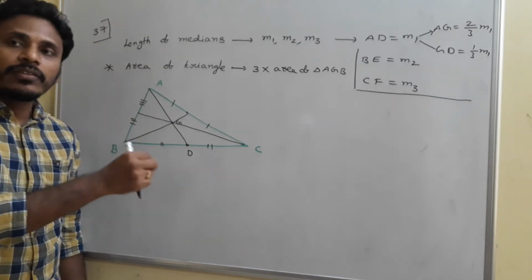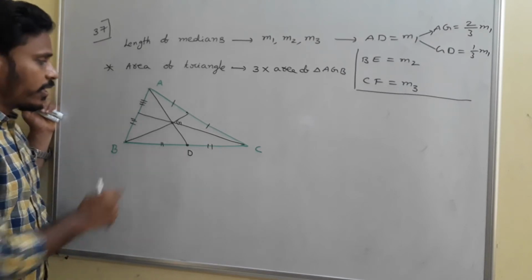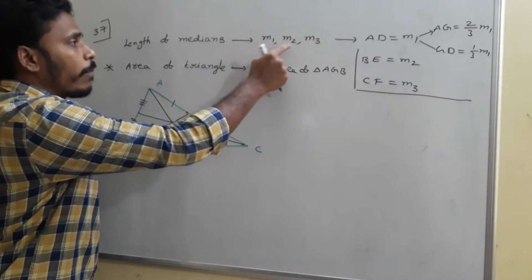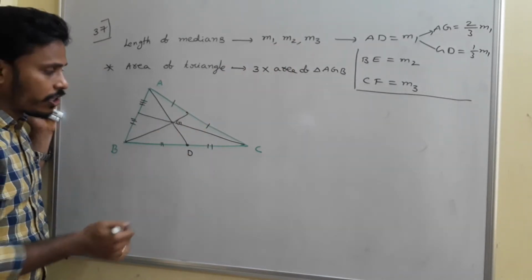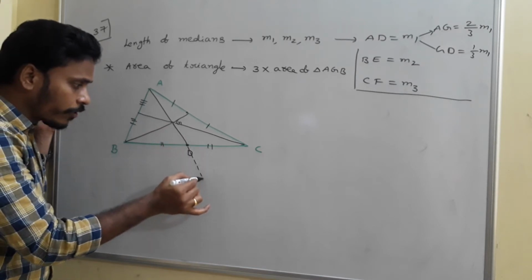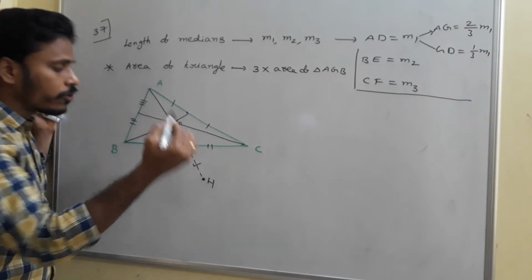The next thing is I need to calculate the area of AGB in terms of m1, m2, m3, and for that I will go for a construction. This is GD, and I will extend GD to a point H such that GD equals GH.